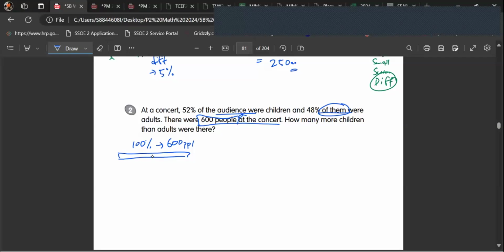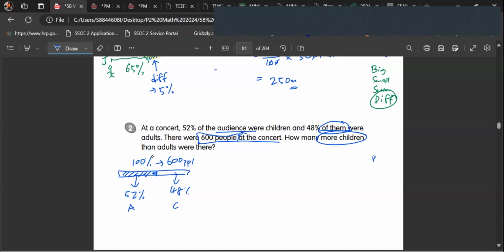Now, here says, again, how many more children than adults? So basically, this one is the bigger number. The 52% is children, and the smaller 48% is adults.